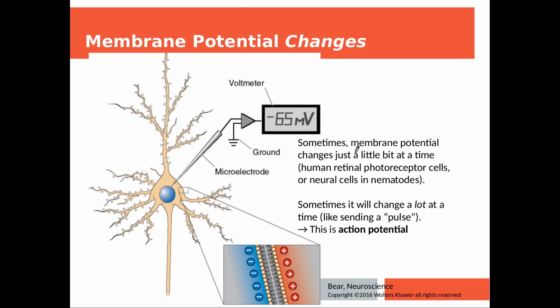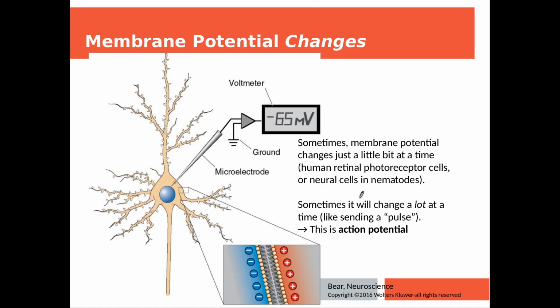In some types of cells, like the photoreceptor cells in your eyes, the potential changes continuously, a little bit at a time, based on the amount of light coming into your eye. Neuron cells in small worms or slugs might also be like that.